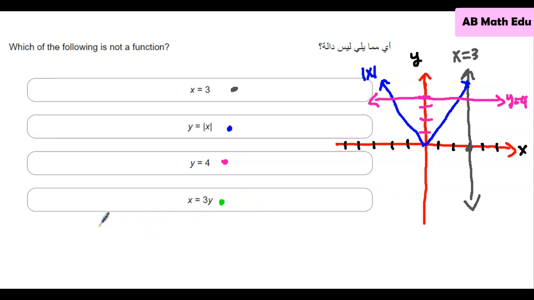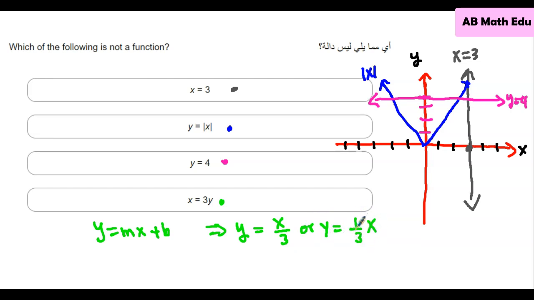Here, you have to use the idea of y equals mx plus b. So we have to isolate the y. If we want to graph, we have to isolate the y. So if we isolate the y, that means here it is going to be y equals x over 3, which is the same as y equals 1/3 x.